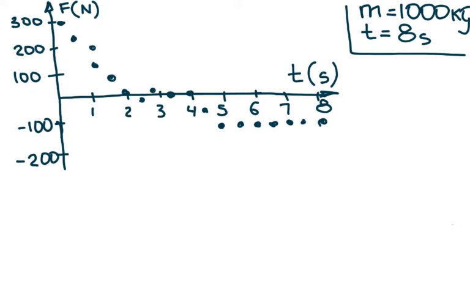Here is another question, and in this question they say a spacecraft of mass 1000 kilograms is traveling in a straight line in the positive direction. Engines can be fired so that the force exerted on the spacecraft is in the positive or negative direction. The graph shows the data of the force during the interval between 0 and 8 seconds.